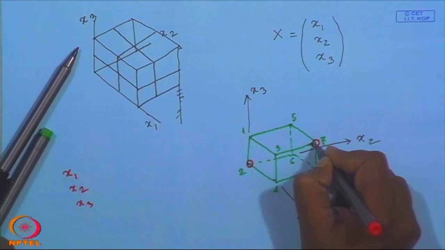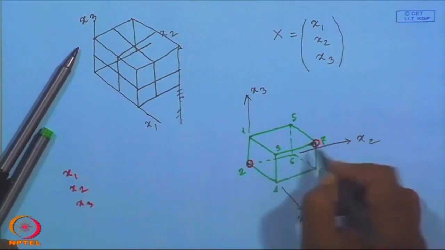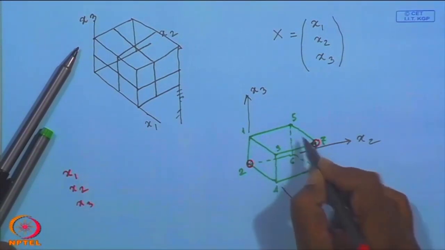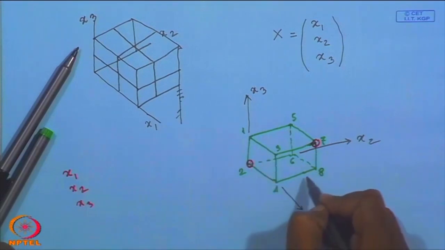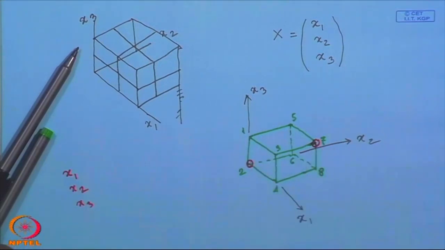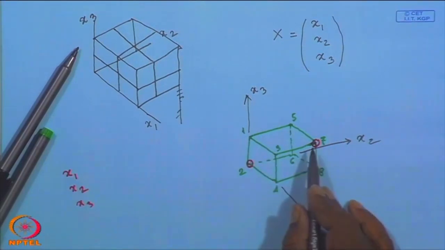Similarly, for this vertex, you will find that x 1 component is the maximum of x 1 components of all the 8 vertices. X 2 component will also be the maximum of x 2 components of all the 8 vertices. X 3 component will also be the maximum of x 3 components of all the 8 vertices.